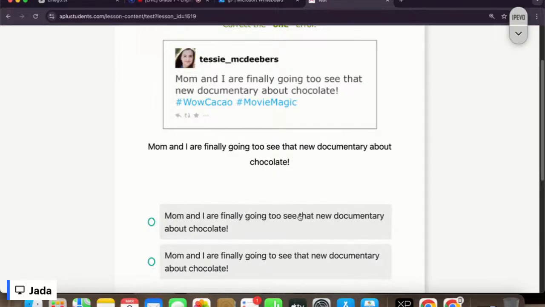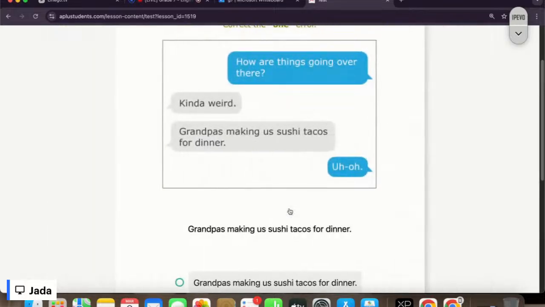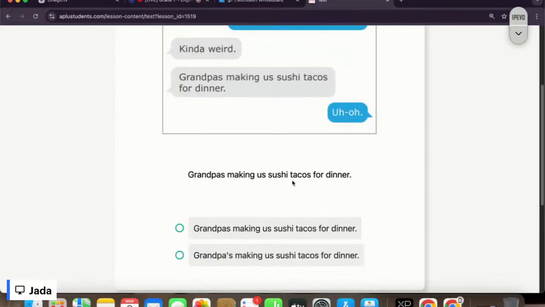So what do we have here as the error? Too instead of two. Okay, just two. Then, how are things going over there? Kinda weird. Grandpa is making us sushi tacos for dinner. Uh huh. So, what is the error here? Grandpa is making us sushi taco for dinner. First to second here.